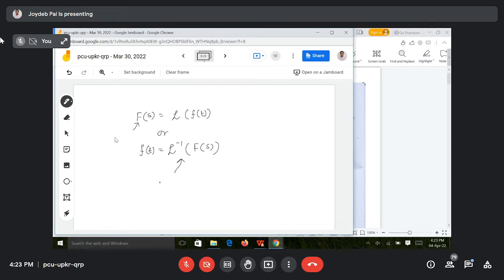That is called Laplace inverse. So these are the two major tasks: given a function of t, you have to find F(s), or given capital F(s), you have to find small f(t).